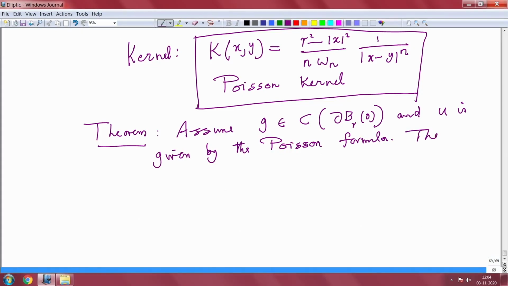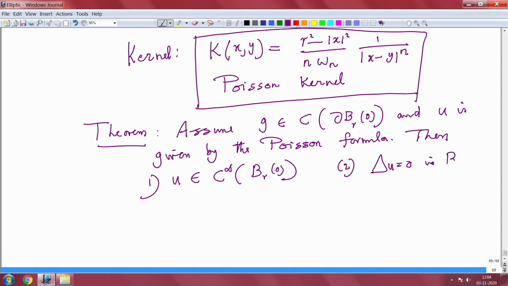Then, one, u is in C infinity of BR of 0. Two, Laplacian of u equal to 0 in BR of 0.